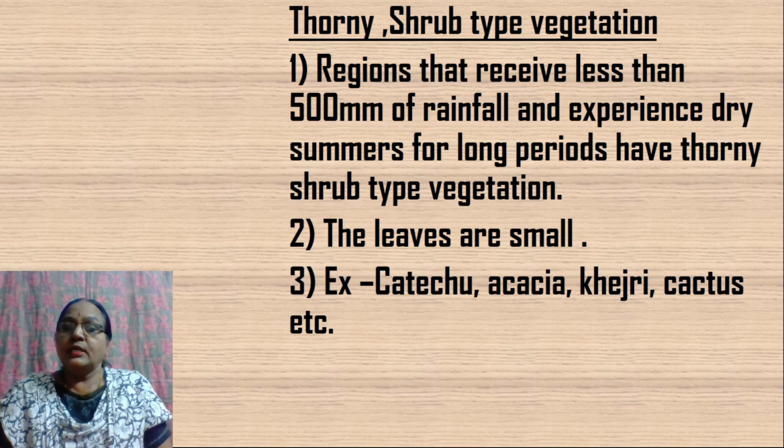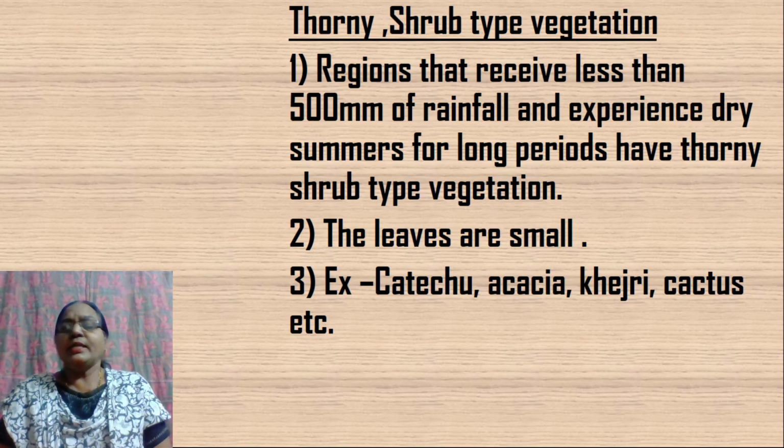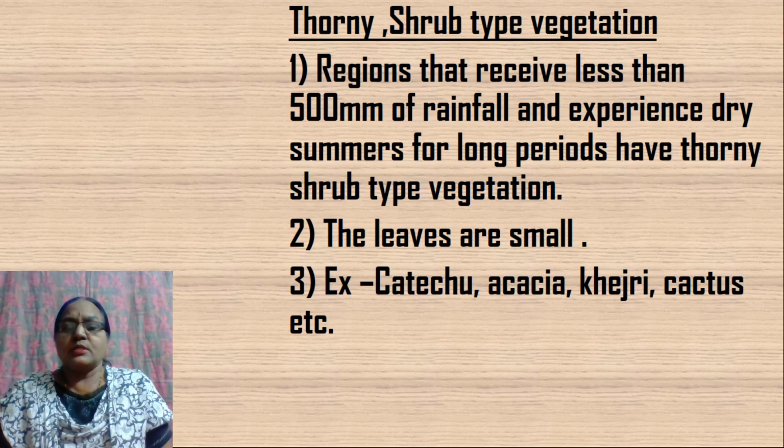Then we come to thorny shrub type vegetation. Now this type of vegetation is found in regions which receive about 500 millimeters of rainfall. These regions experience extremes in climate.